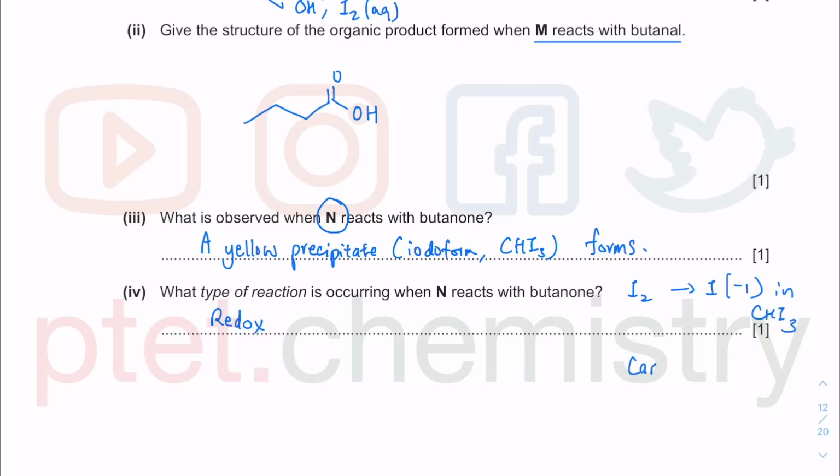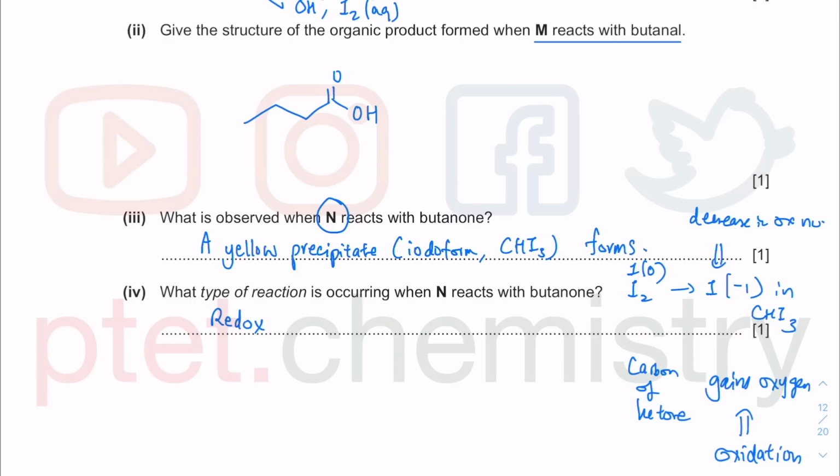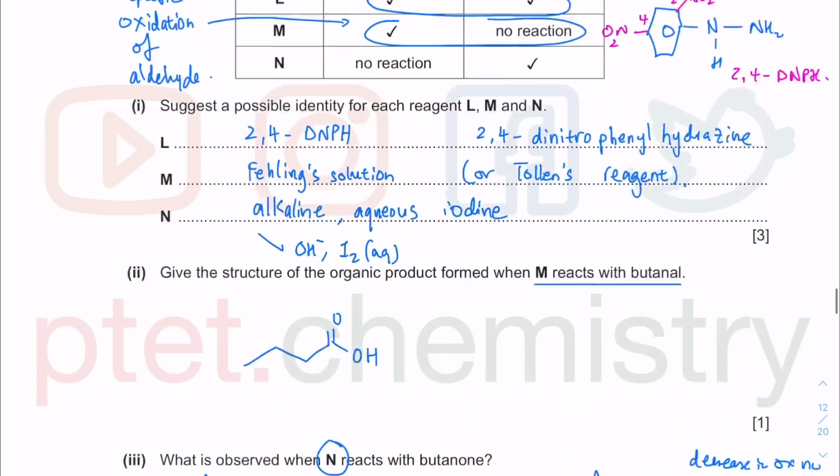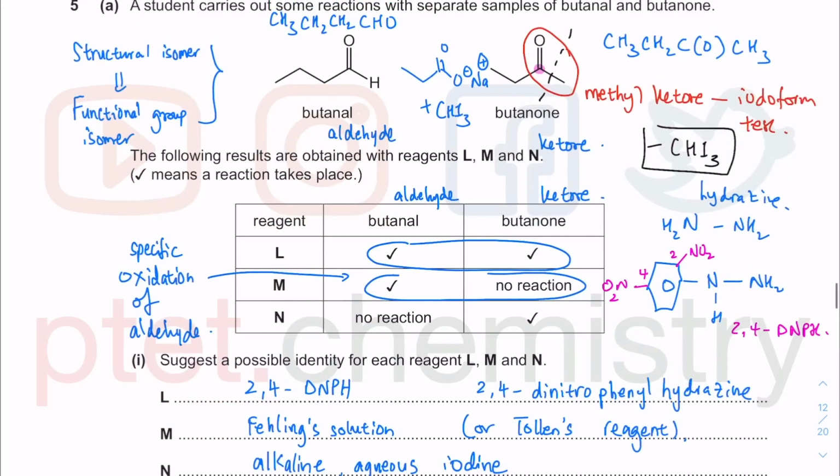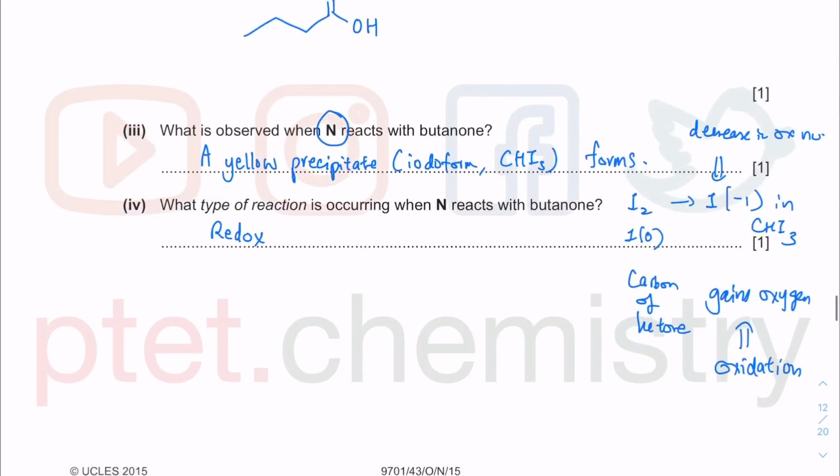The carbon of the ketone gains oxygen, so gaining oxygen there is definitely your oxidation. And this question can actually ask you to explain why, and this is inorganic stuff. So this is iodine oxidation number 0 going to -1. A decrease in oxidation number is definitely your reduction there. I just simply call it redox, but if you call it oxidation of the ketone, I'm sure it will be accepted as well.